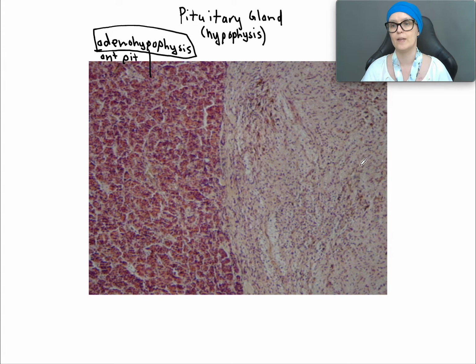adenohypophysis. And then what is the lighter half called? That's right, it's the neurohypophysis. That's a Y. And this is the posterior lobe.